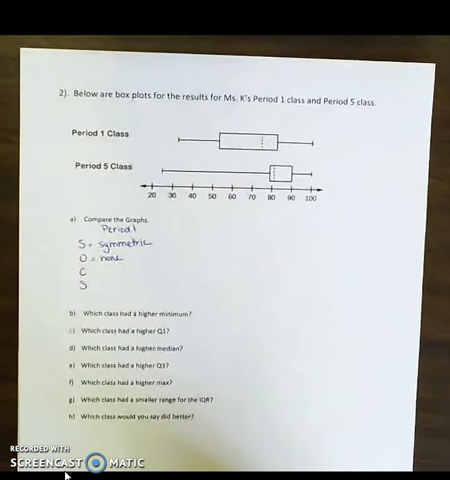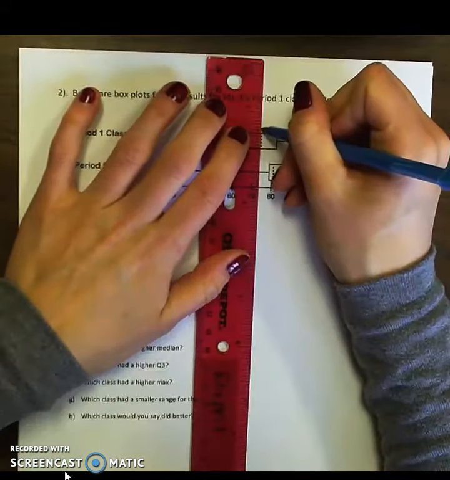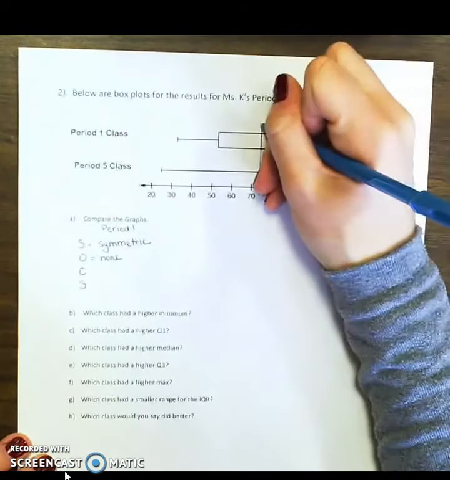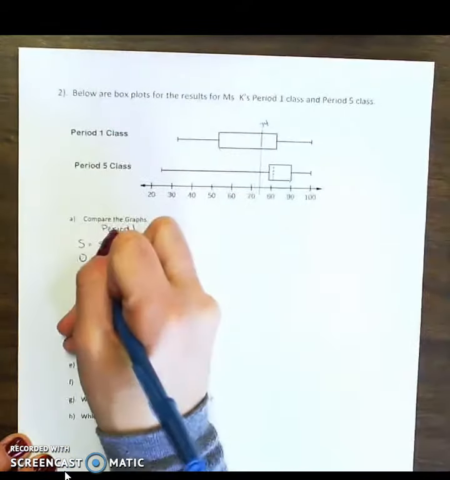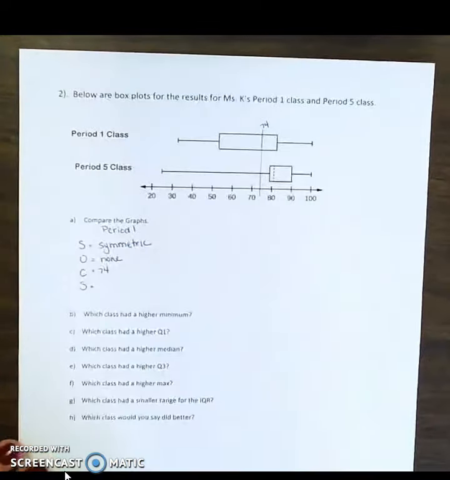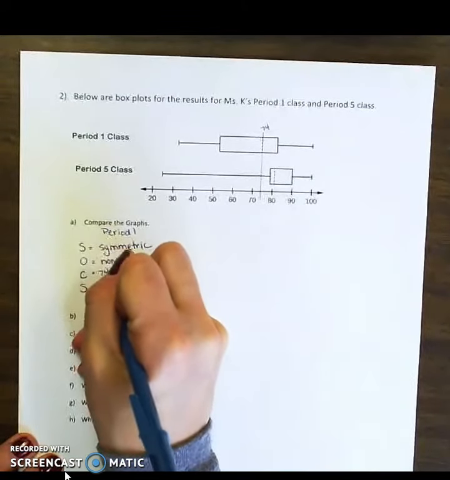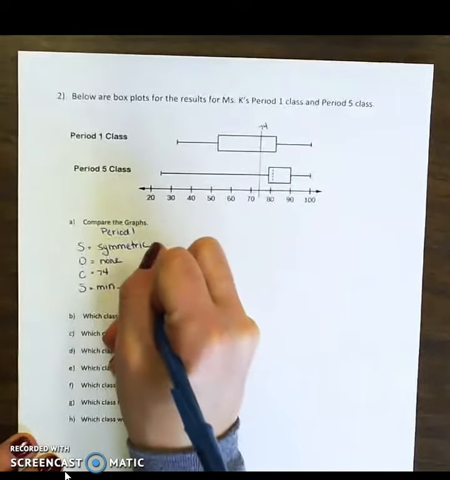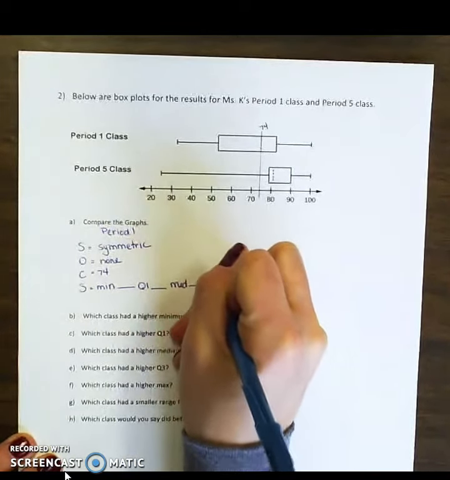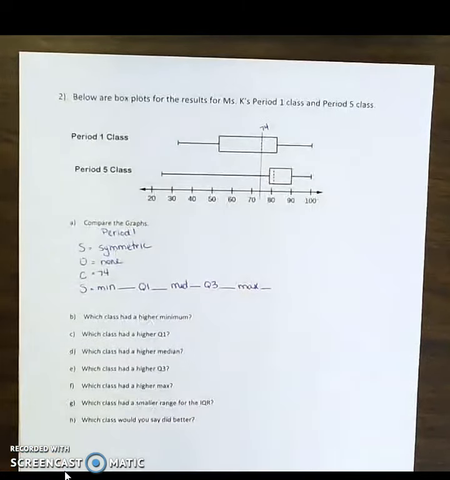Now the center, it's pretty easy to tell here. We just go to the middle line and follow that down. I see my center is approximately, I would say, 74. Now, for my spread, since it's a box plot, I'm going to give my 5-number summary: my min, my Q1, my median, my Q3, and my max. I'm going to use my ruler to help me here.